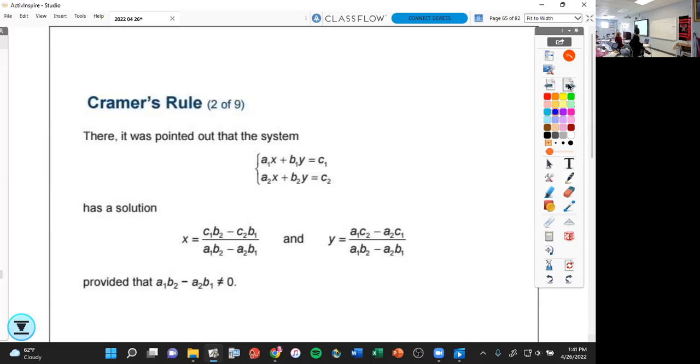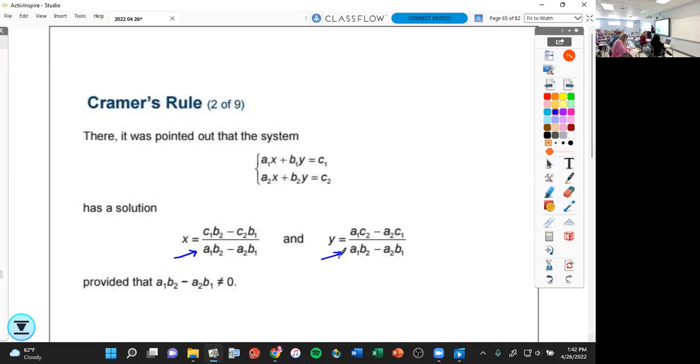Okay, look at the denominators on these. Both of them are exactly the same. A1, B2 minus A2, B1. What is that? It's these coefficients, right? The down minus the up.